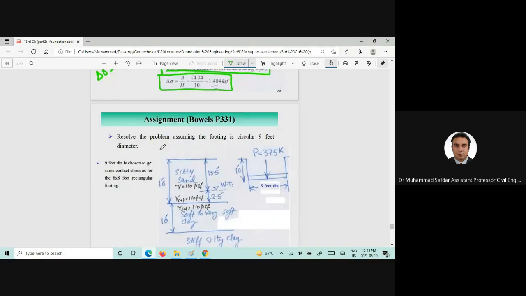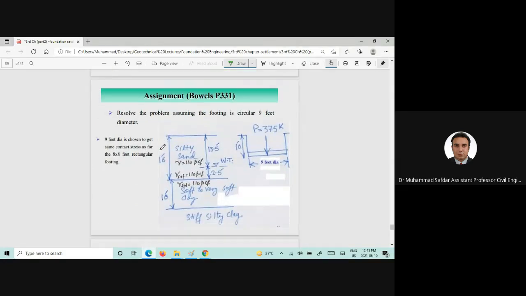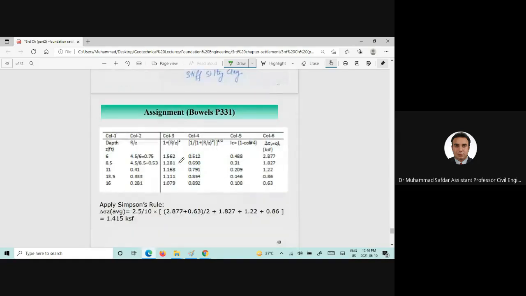Now this is a home assignment you can solve at home. It won't be graded, but it's highly recommended that you use the circular 9 feet, and that 9 feet is chosen based upon the contact stress which is applied by the 8 by 8 feet rectangular footing. Rest of the parameters, soil properties are the same, and you only need to use the equation which is mentioned for the circular area.